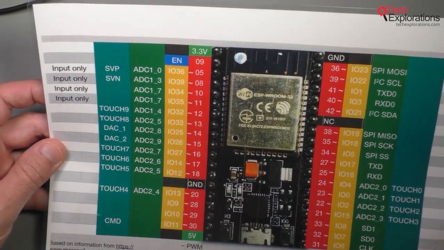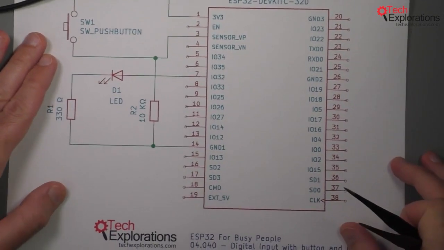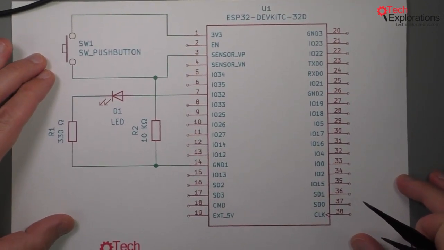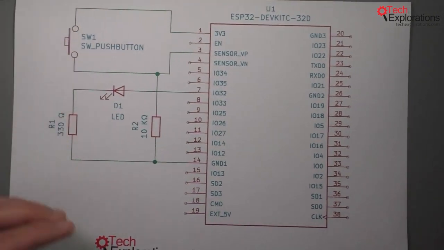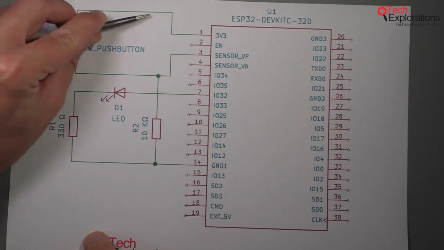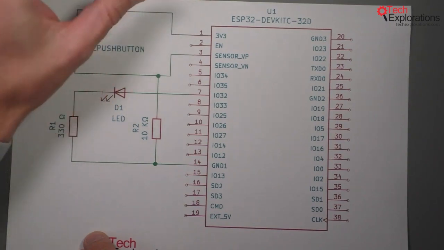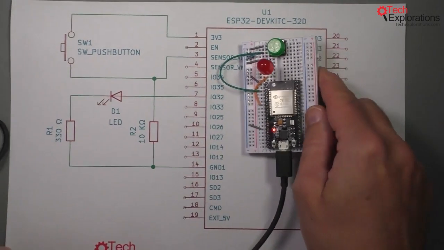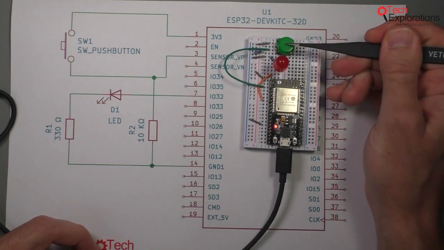So in this lecture, the wiring schematic that I have assembled here in my breadboard is this. I've got a push button. One of the pins of the push button is connected to the 3.3 volt pin, which is pin number 1. Just sort of place it like that so you can see them in parallel. So here's the push button.